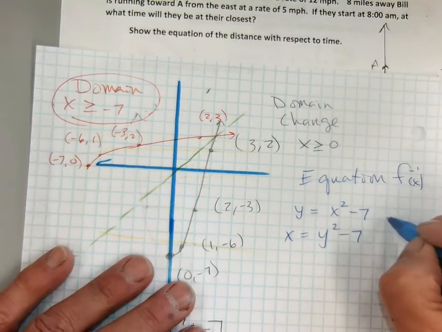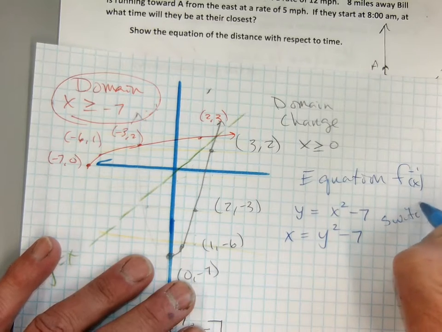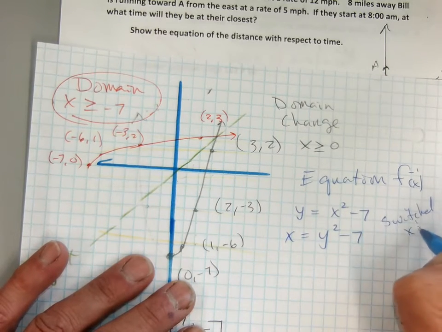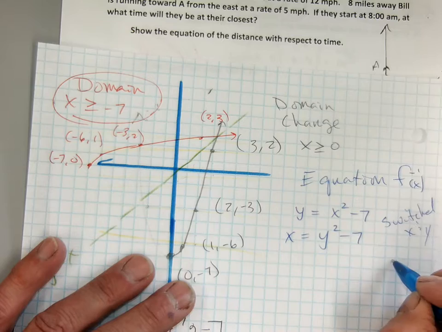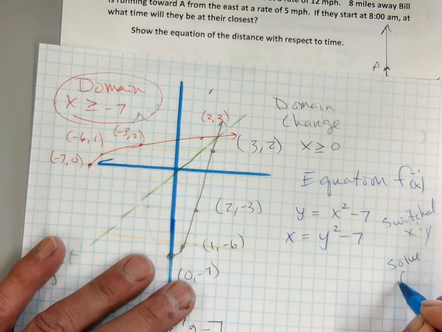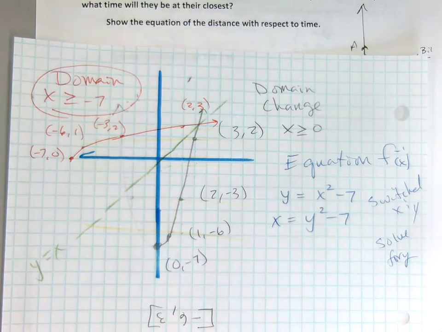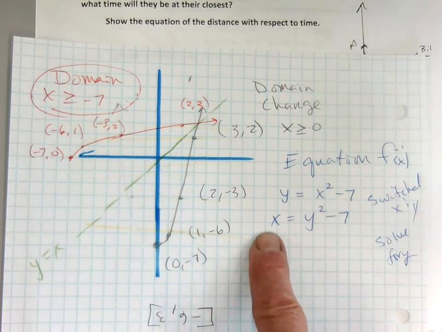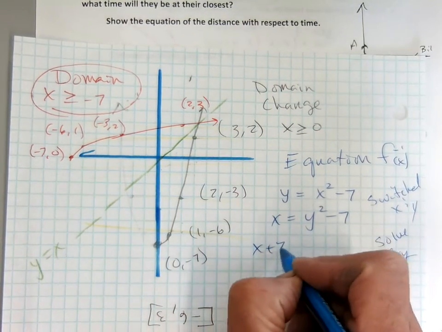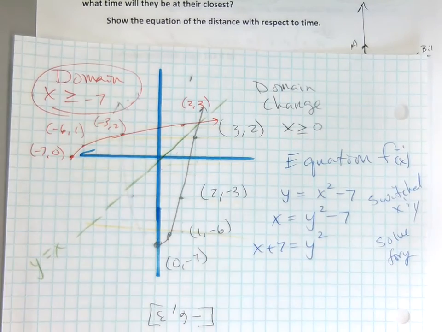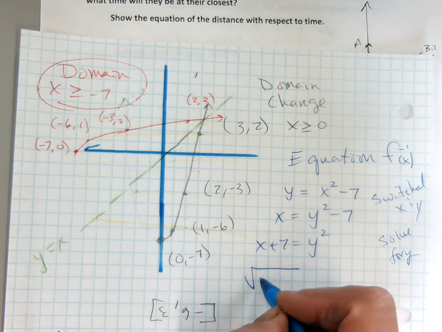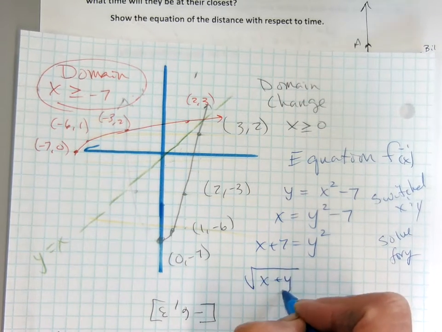So I switched x and y, and now I need to solve for y. So, plus 7. Square root, plus or minus, but not really, just plus, because we already got rid of the negative part.